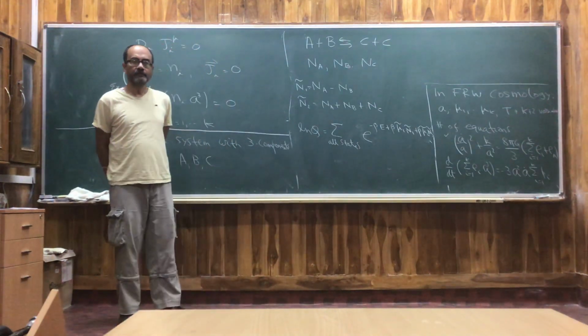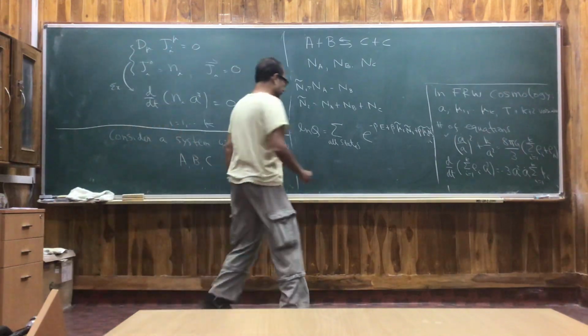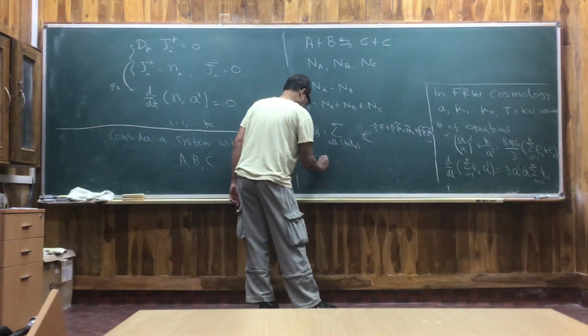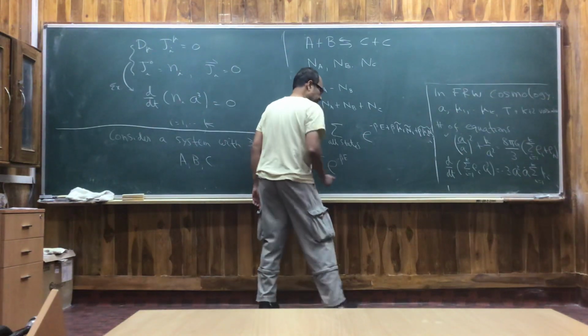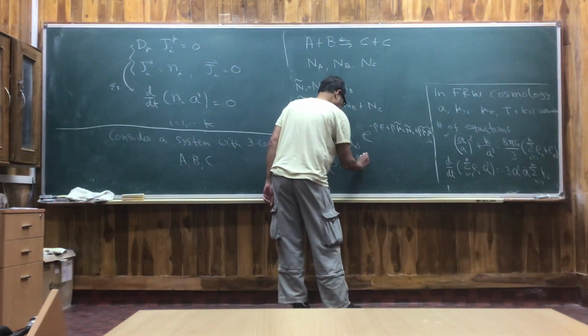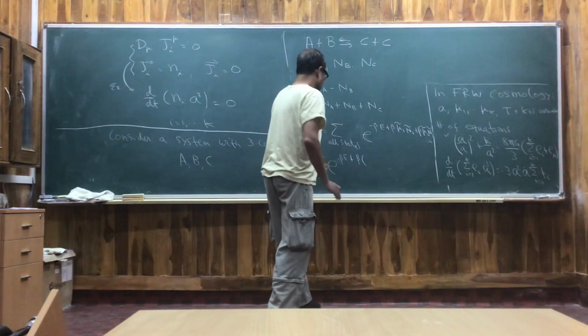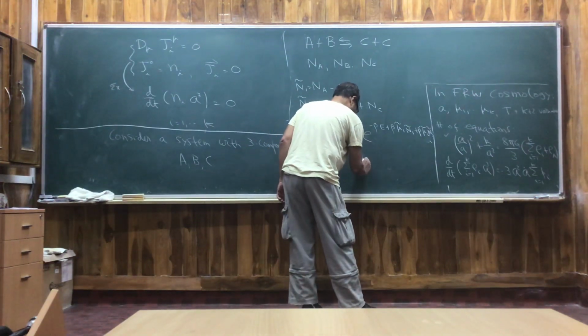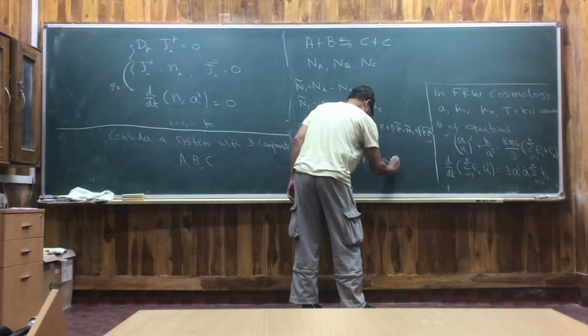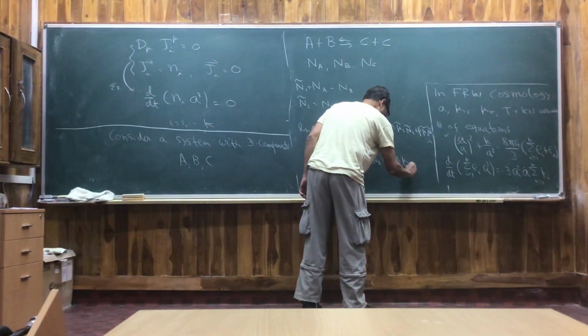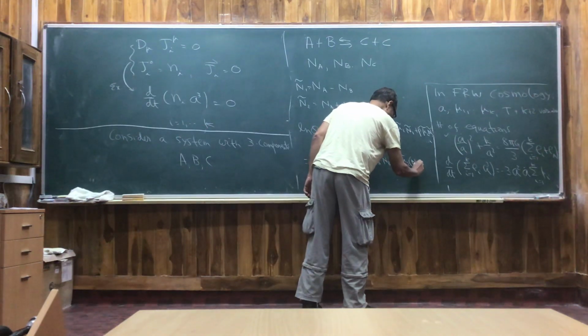But this you can rewrite as beta mu1 tilde times Na minus Nb, plus beta mu2 tilde times Na plus Nb plus Nc.